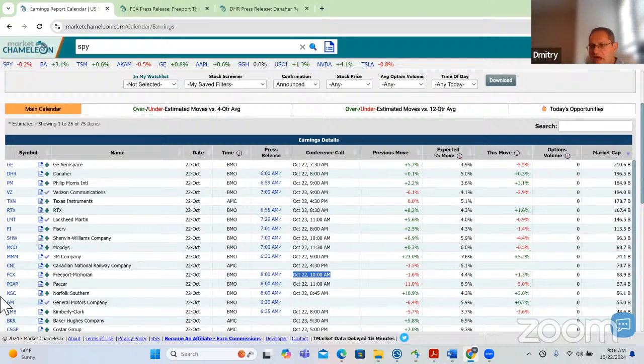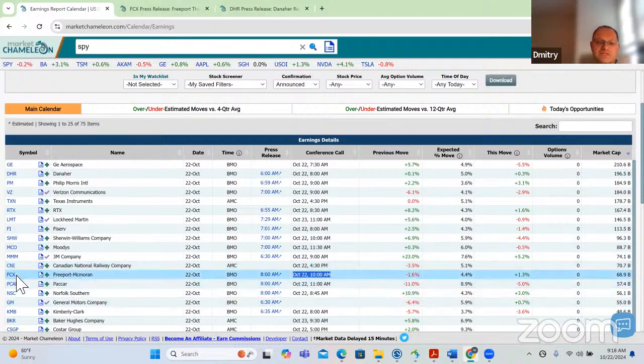So we come up with this average number. It's probably more like a range because you got bids and offers and stuff, but we come up with this average number, and that's what this expected move is. So for example, in FCX, the straddle was implying a move of 4.4%. And that expected move is really based on where the buyers and sellers of the straddle would break even if the stock moved that much.